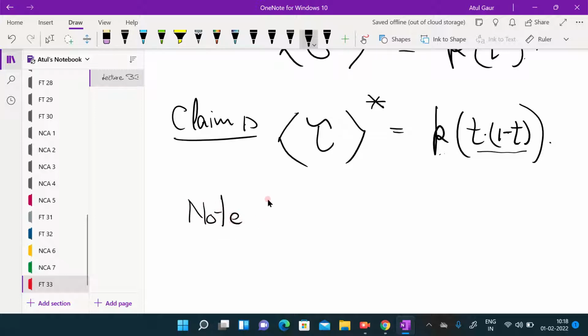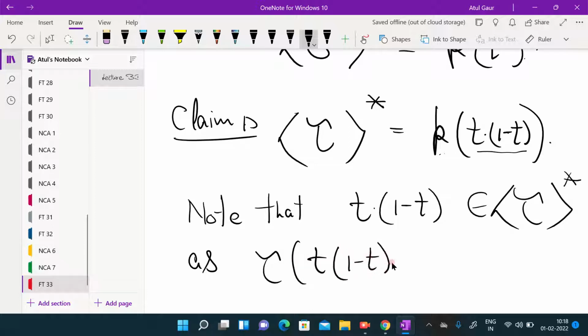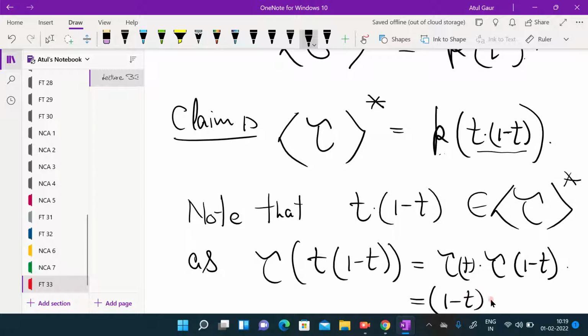So note that t(1 minus t) is in the fixed field of tau, as when you compute its image, this is tau(t) times tau(1 minus t), this is 1 minus t, and this is t.